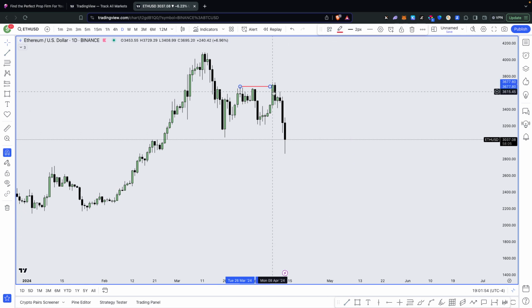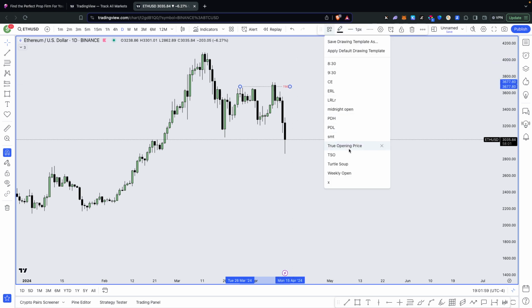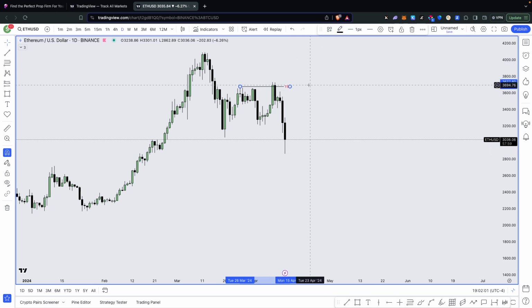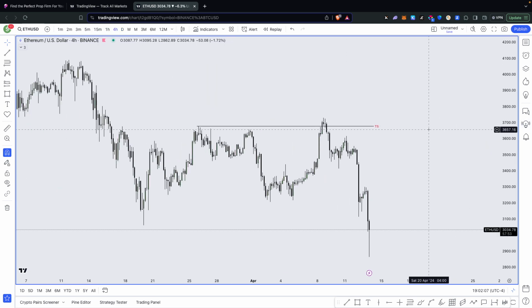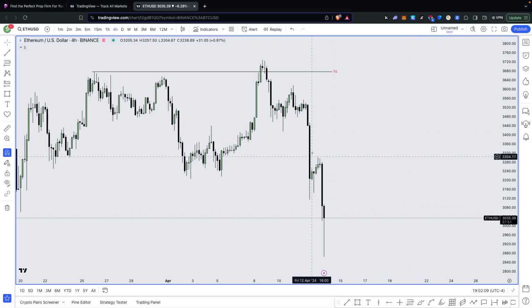So let's just look at this turtle soup. Sorry, that's a true session open. Turtle soup is this one. Yes. Let's look at 4 hour and see if we had breakaway gaps there. We did have it, and the same thing happened basically, but it failed to reach the CE.